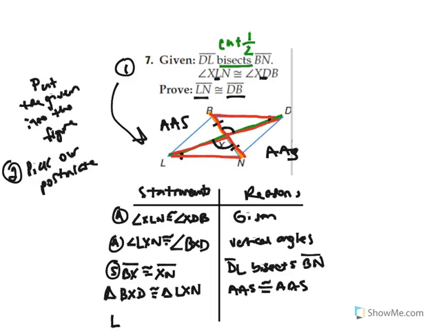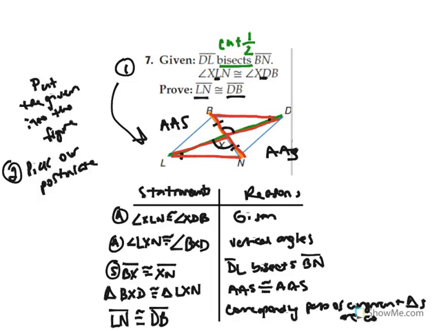So LN is congruent to DB. Why? Because corresponding parts of congruent triangles are congruent. Okay?